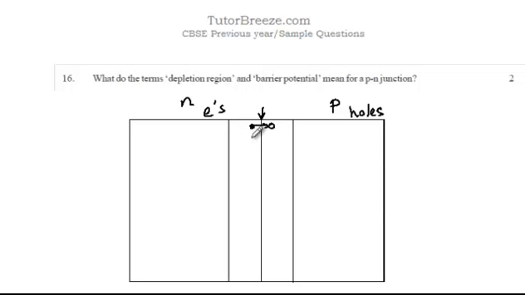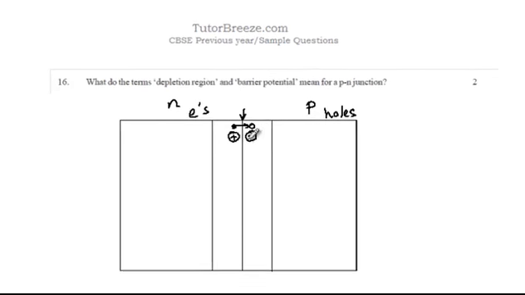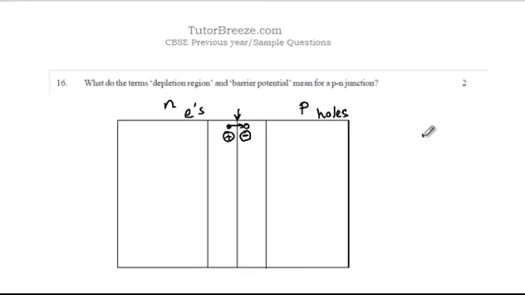Now, due to this diffusion, positive ions are formed on the N side and negative ions are formed on the P side. So if you look at an N-type material, it has atoms in it which have free electrons. The material as such is neutral.